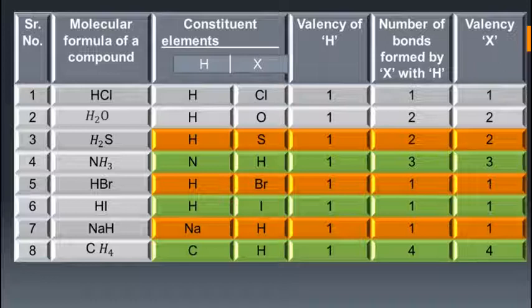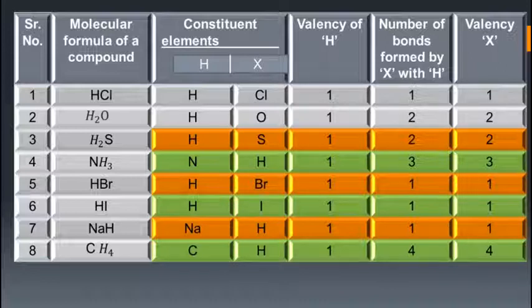Next is HBr. The constituent elements will be H and Br, bromine. HBr is the molecular formula of hydrogen bromide, and the valency of H will be 1, right, and the number of bonds formed will be 1, and the valency of bromine will be 1. Next is hydrogen iodide, where I denotes iodine.